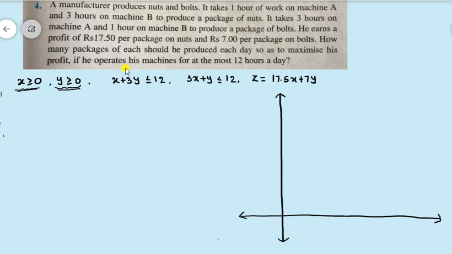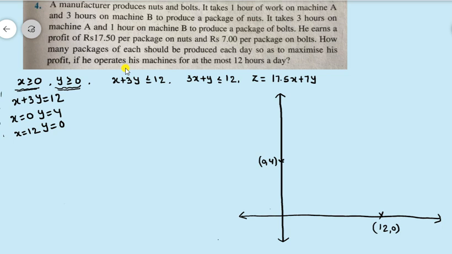How to draw the graph? Observe here, we are drawing the line x plus 3y equals 12. First, when x is equal to 0, you get y equals 4. When y is equal to 0, you get x equals 12. So somewhere here is the point 0 comma 4, and next we have the point 12 comma 0.